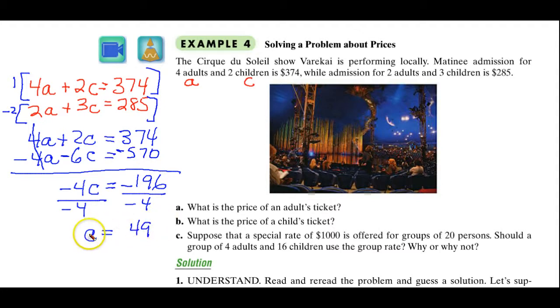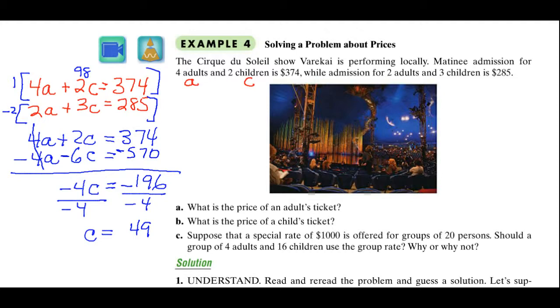So we now have the price of the child's ticket, 49. We put there 98 here. 2 times C would be 98. We're going to subtract 98 from both sides and then divide by 4.